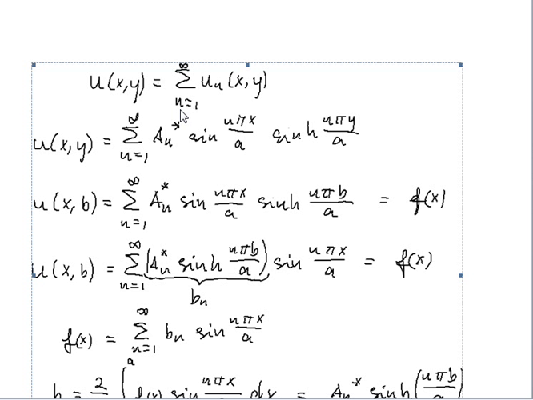It's sigma n from 1 to infinity of un, where un is this product. In order to find this an star, these are constants which are dependent on n, we insert the boundary conditions.